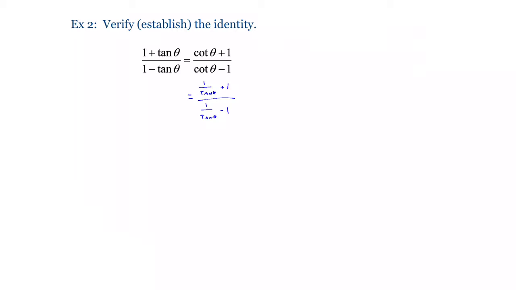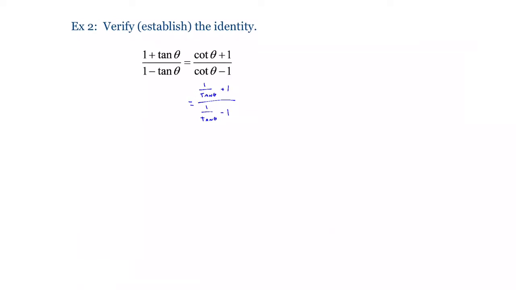So we could look at this and decide that we could find a common denominator, which is potentially a way to go here. The other thing that we could do is multiply this entire numerator by tangent of theta to get rid of tangent of theta on the bottom. That way we don't have a complex fraction. And same thing with the denominator, multiply by the tangent of theta.